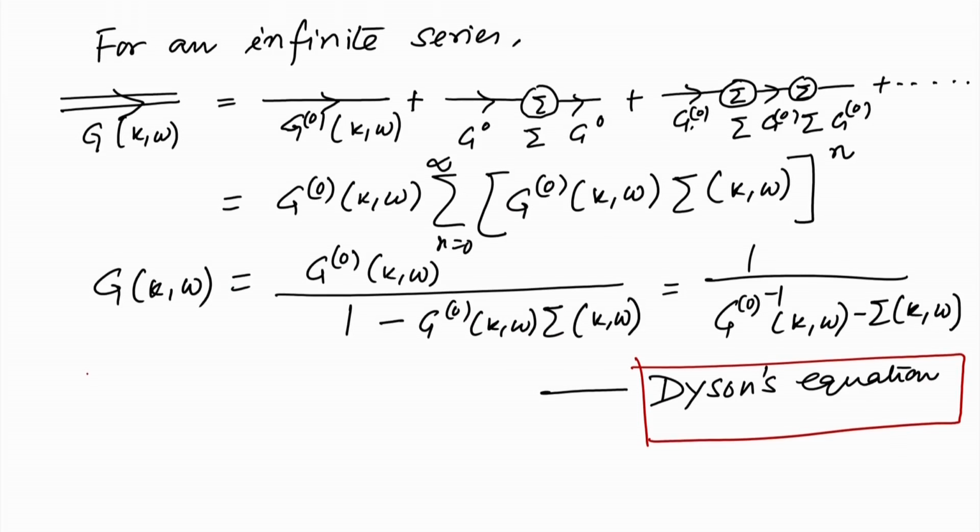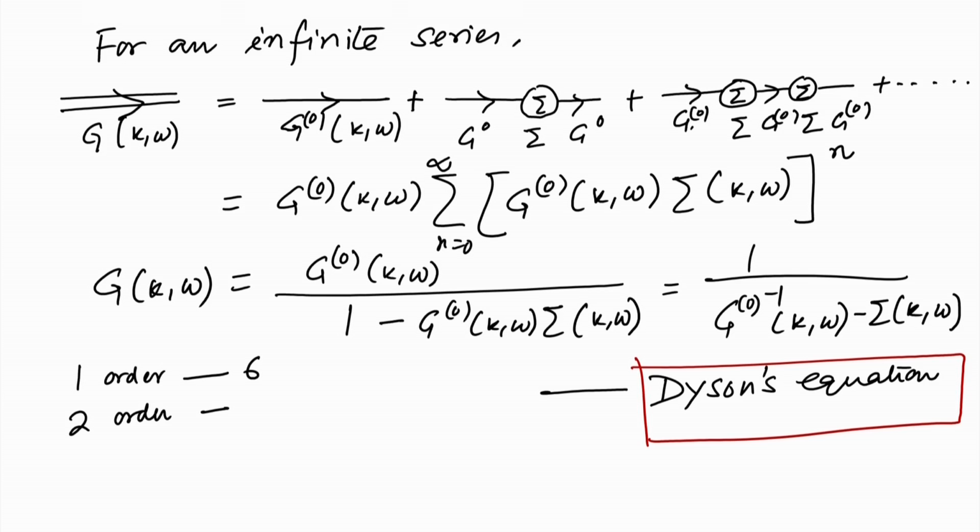Now, formally that may look somewhat difficult, because we know that from first order, we had 6 terms, second order we had 20 terms or something like that.